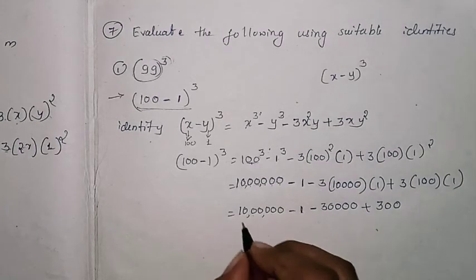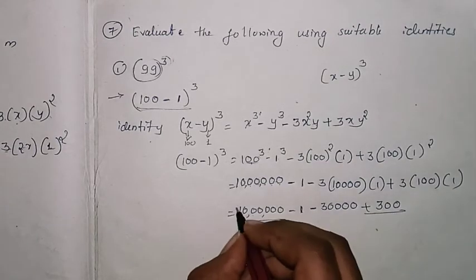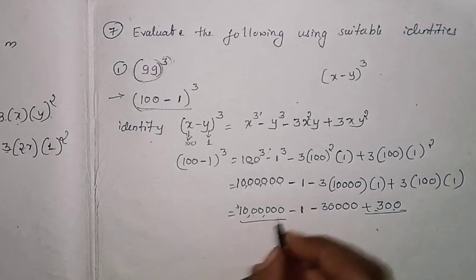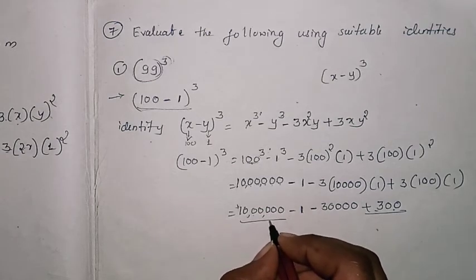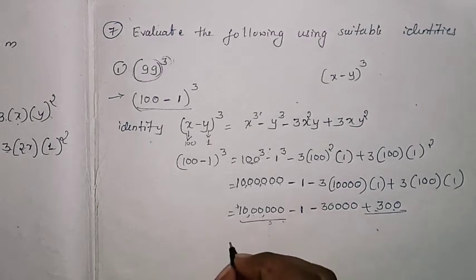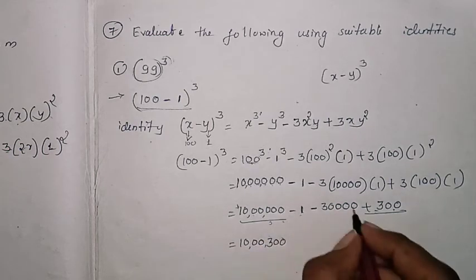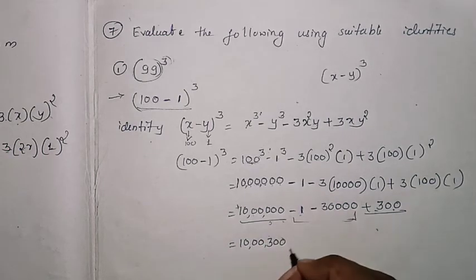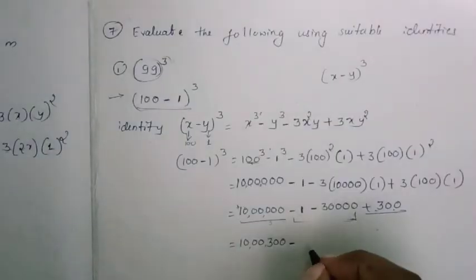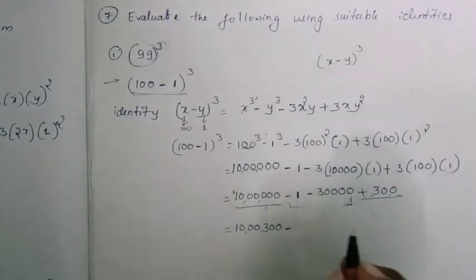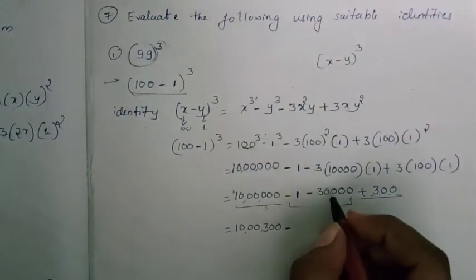So now what I will do, I will add these terms, because this is also positive, this is also positive. So if you add 300 here, then it is 1,000,300. Now these are negative. So negative means you have to use the negative sign, and you have to add the terms.